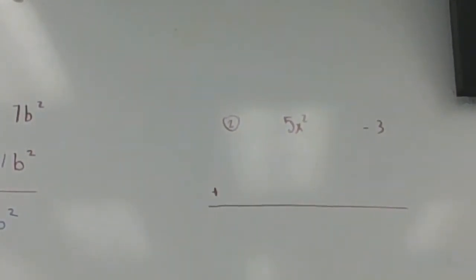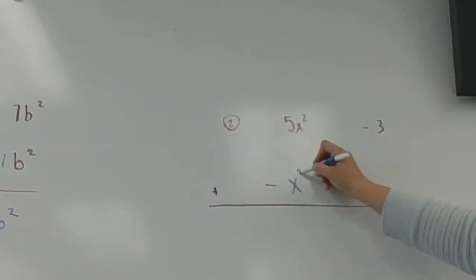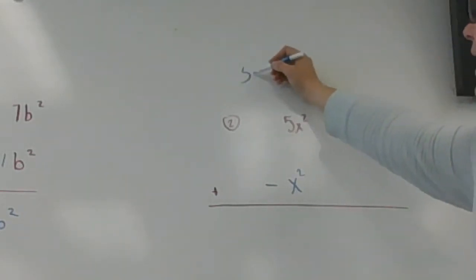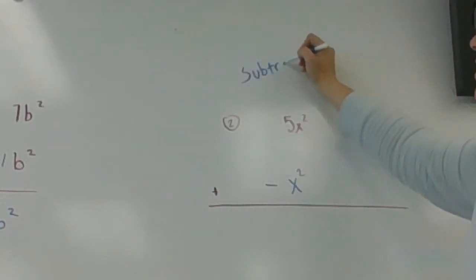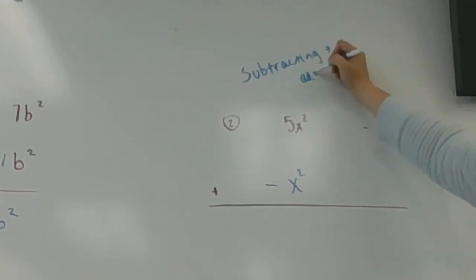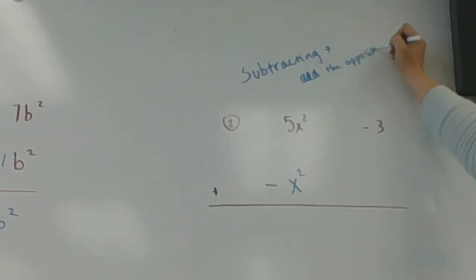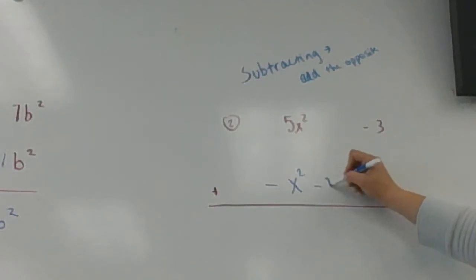Number 2, I left a big blank space here because there was no x to the first. So I'm going to put in a negative x squared because for subtraction, you add the opposite. And then minus 4x.